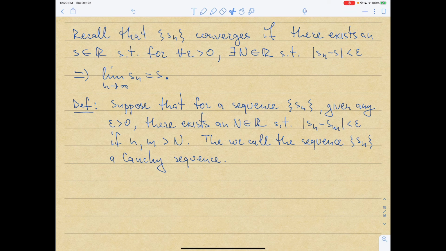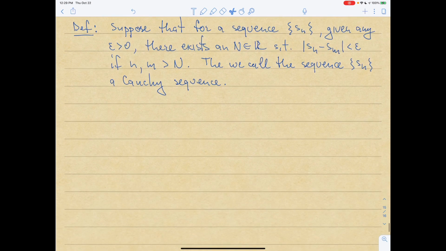All right, let's do a couple of examples. Example number 1. Show that Sn equal to 1 over n is a Cauchy sequence.